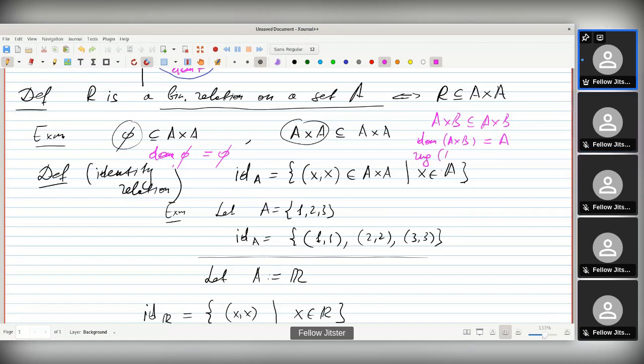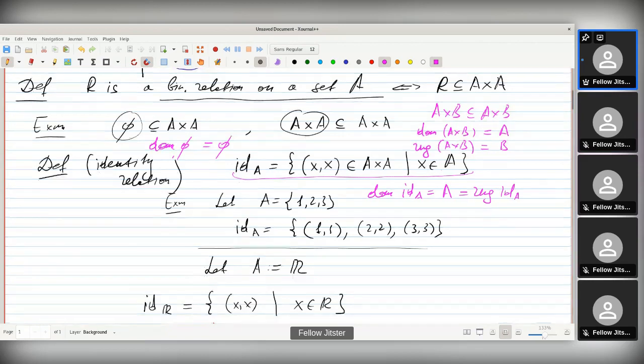And what about the range? It's B. And what about the identity relation? What is its domain? It's A. And similarly, the range. The range of the identity relation is also A.